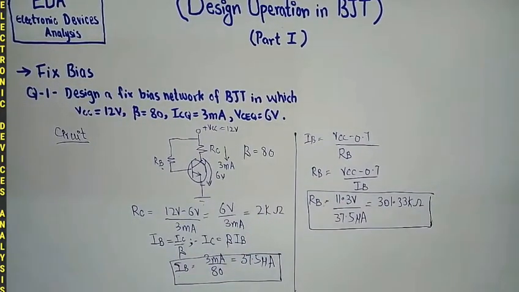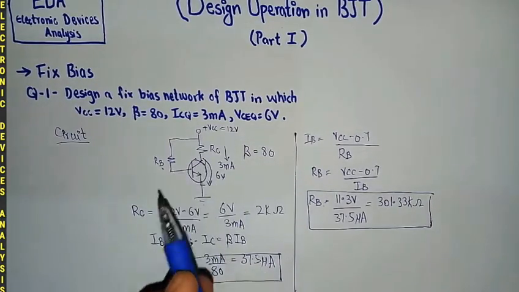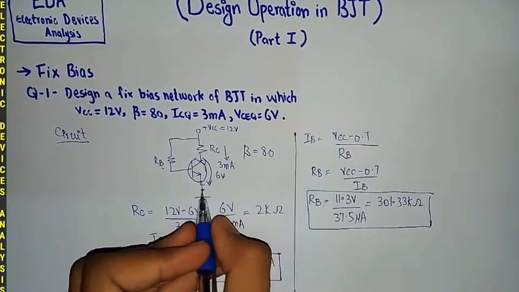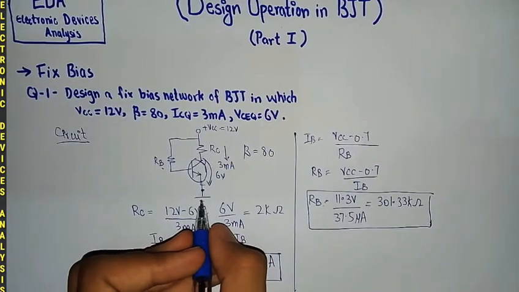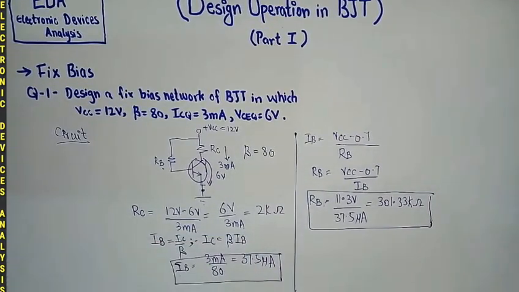So guys, now we will find the value of base voltage and the value of collector voltage. To calculate the base voltage, you know that at this point the voltage is VE, and VE is equal to 0 because this is a ground point. From this point to this point there is no resistance, so there is no voltage drop.